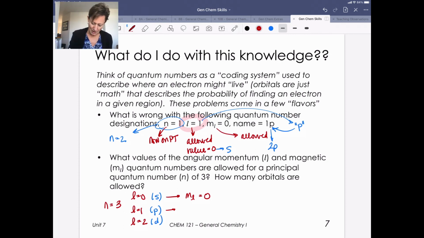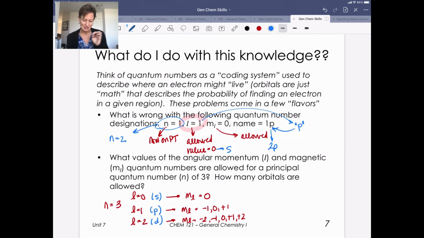So our possible m sub L values there are minus 1, 0, and plus 1. Our possible m sub L values when L equals 2 are minus 2, minus 1, 0, 1, and 2. So we've got a lot of options if we are living in the third row of the periodic table.